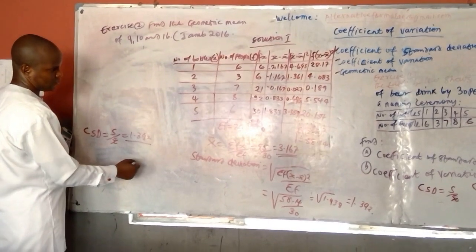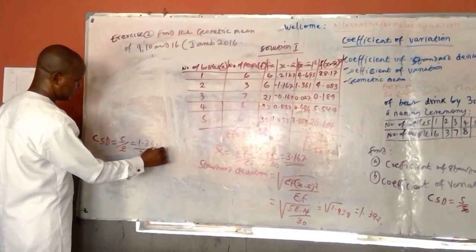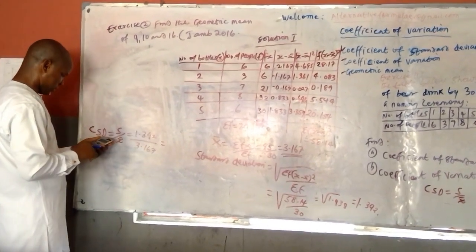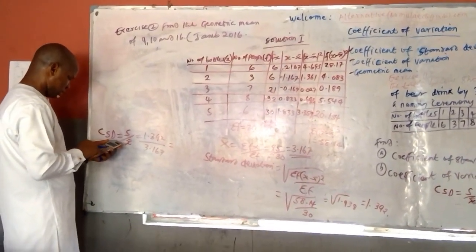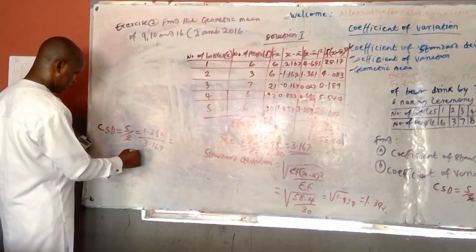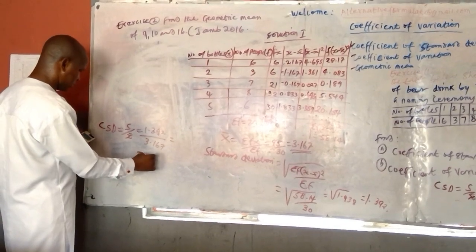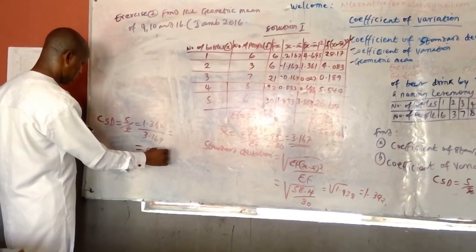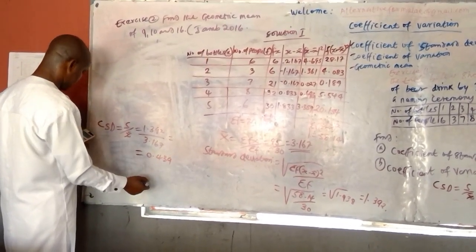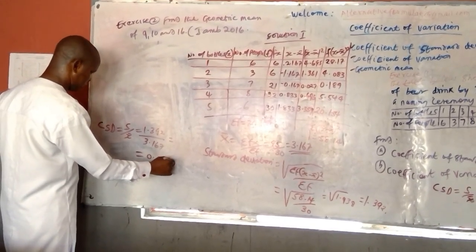The mean is given as 3.167. So divide 1.392 by 3.167. So our coefficient of standard deviation is equal to 0.439.